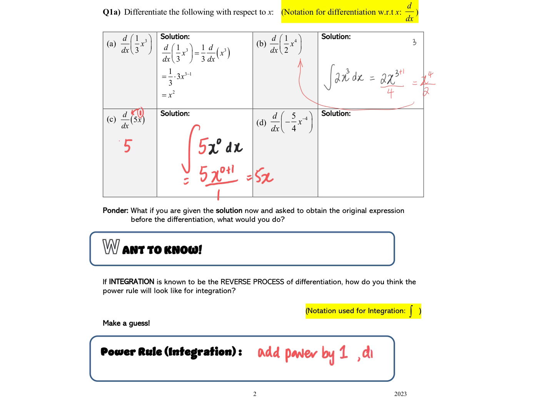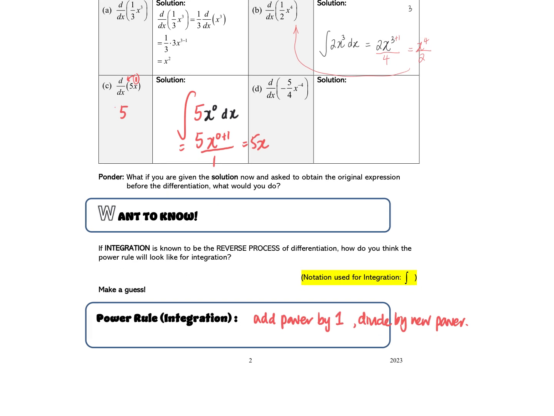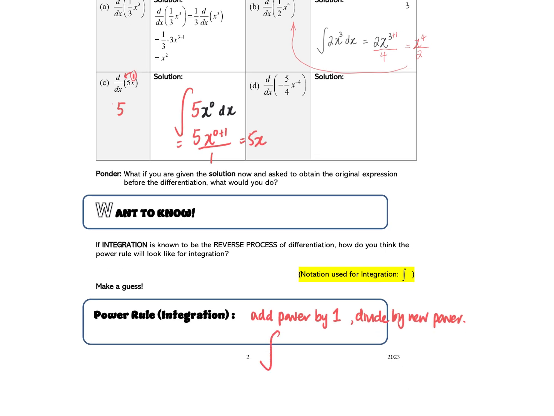Okay, divide by new power. Okay, so for example, if I ask you to integrate x to the power of k, then it will be x to the power of k plus 1 divided by k plus 1, the new power. Add by 1, divide by new power.